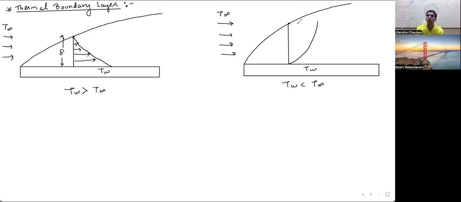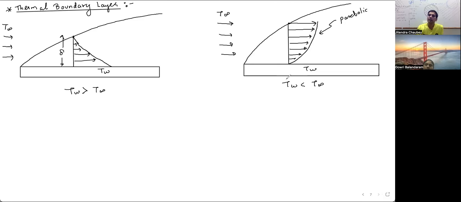If at the uppermost point the temperature of the fluid is highest, it will keep on decreasing, and ultimately at the bottom the temperature would be least. So these two graphs are basically thermal profiles. This is again parabolic in nature. Both of them are parabolic, but in opposite manner.